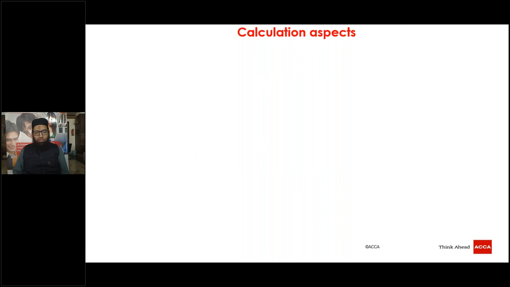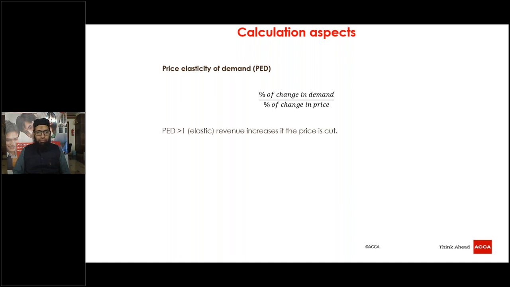Now let's come to some calculation aspects. First of all, the price elasticity of demand. This can be calculated as the percentage change in demand divided by the percentage change in price. What does this PED tell us? If PED is greater than 1, then the price is elastic, or we can also say it is sensitive.